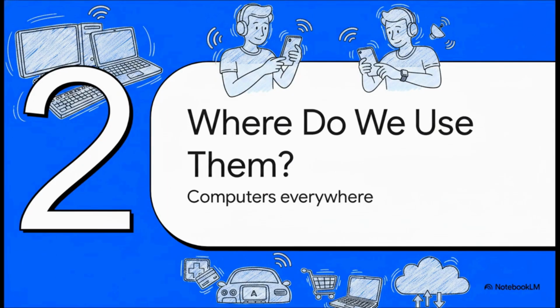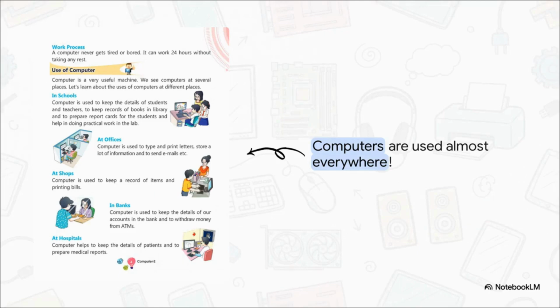Moving on to section 2. Where do we use them? Well, the short answer is everywhere. Seriously, computers are almost everywhere you look. In schools, they keep details of students and teachers. They track all those library books, and they prepare your report cards. Over in offices, people use them to type letters, store information, and shoot off emails.